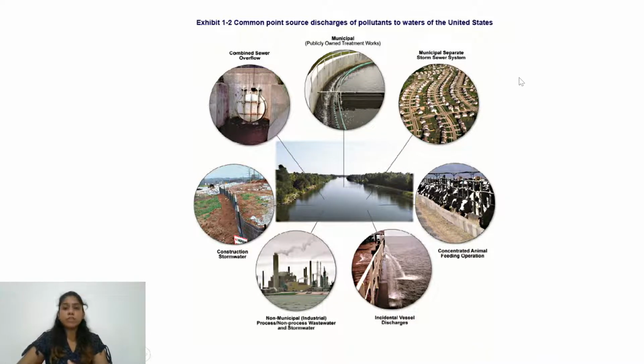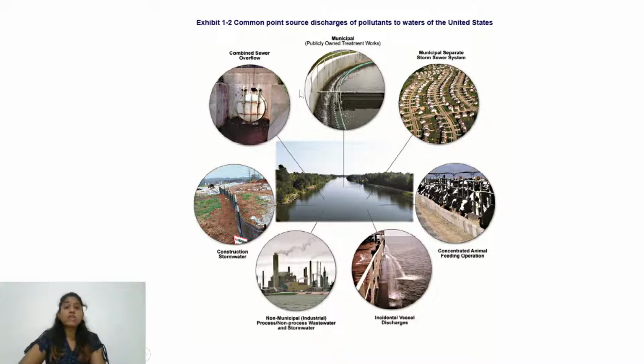Some of the common point source discharges of pollutants to waters in the United States, like municipal waste. Even though it is a combination from multiple houses and so on, at least we know that all of this water came from this stormwater drainage system, or the sewer system, or construction water system, or from moving vessels, that is ships, or from a processing plant or an industry.